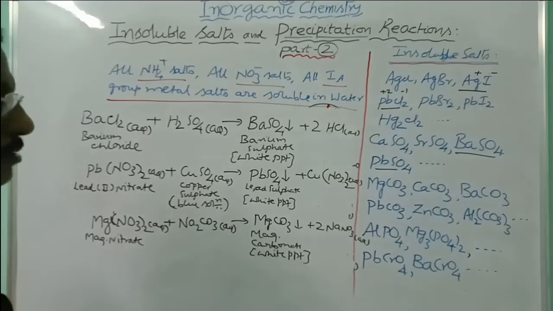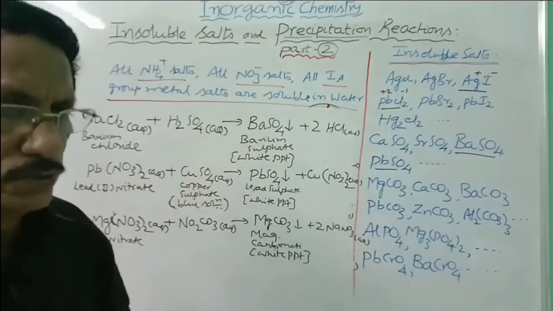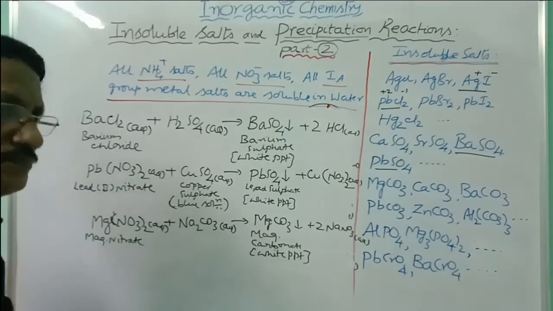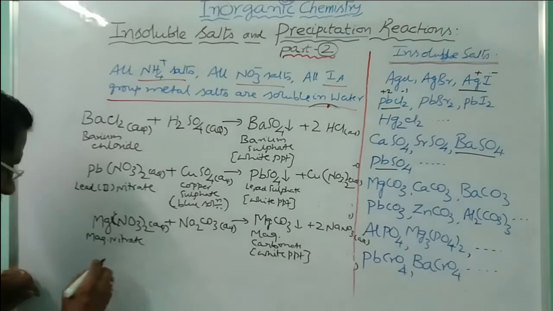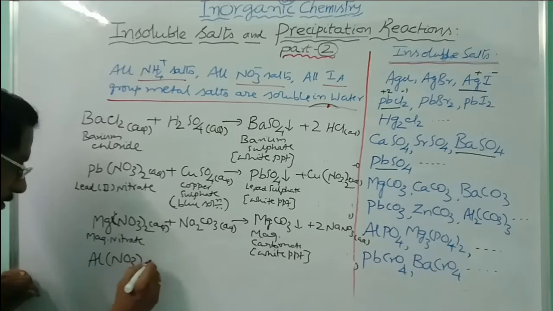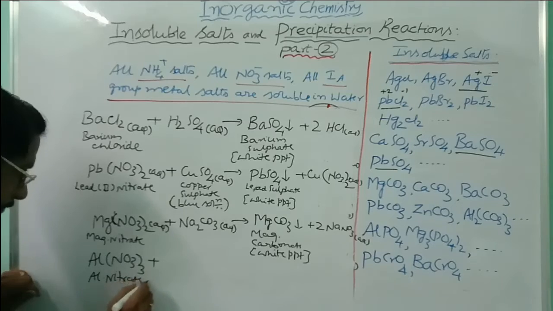Similarly, you can take, for example, aluminum carbonate. You can take aluminum chloride solution, or even aluminum nitrate solution completely dissolved in water, Al(NO3)3. This is aluminum nitrate, aqua.